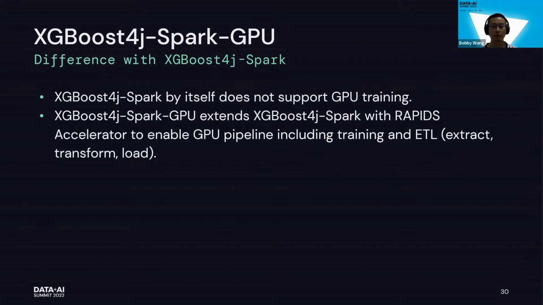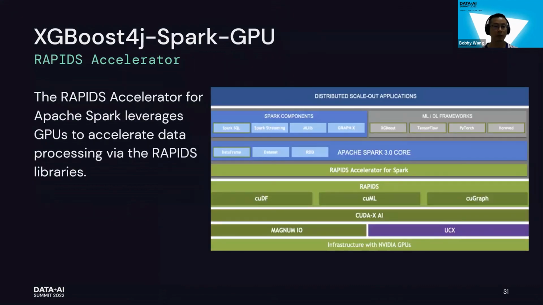We have mentioned many times about the RAPIDS Accelerator. So what is the RAPIDS Accelerator and what can the RAPIDS Accelerator do? With these questions, let's go through the RAPIDS Accelerator quickly. In a word, the RAPIDS Accelerator is to leverage GPUs to accelerate the data processing with the RAPIDS libraries.